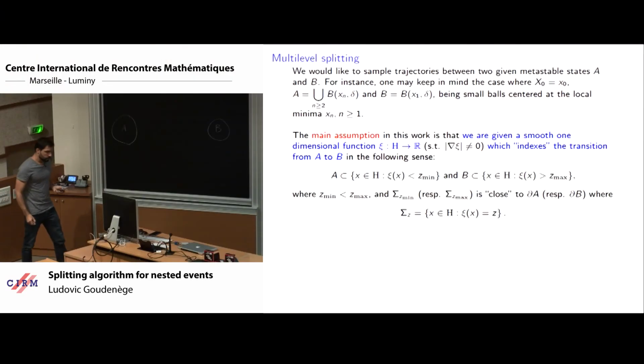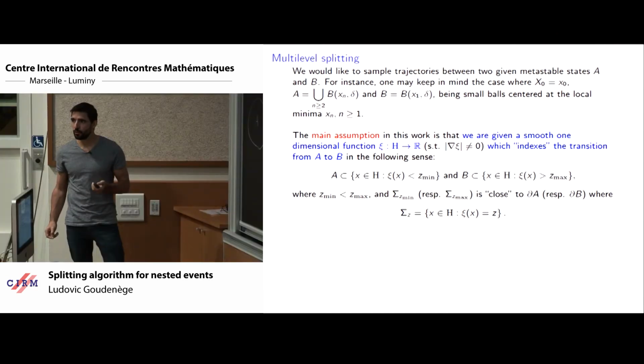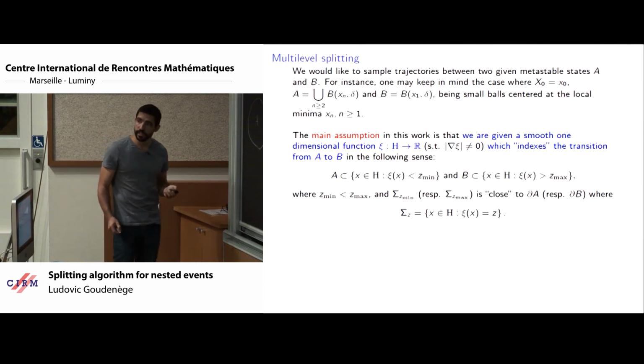So you have to make a crucial assumption. The main assumption of this work is that we have a smooth functional, which is psi. The name is the reaction coordinate. And in fact, this is something which indexes the transition from A to B. This is the sense of the nested events.